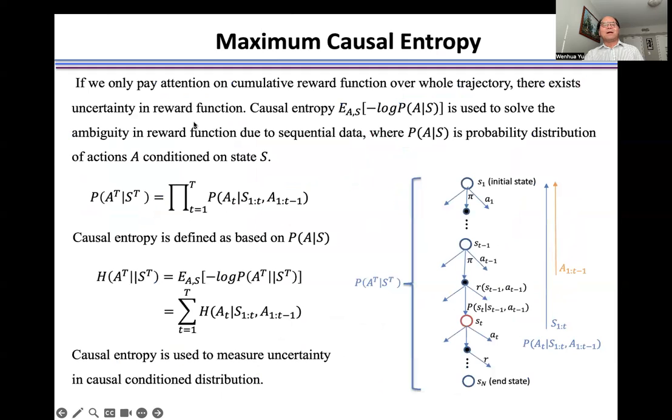The problem we are facing is very special because the data is sequential data. That means the agent at the current state moves one step forward at each time.